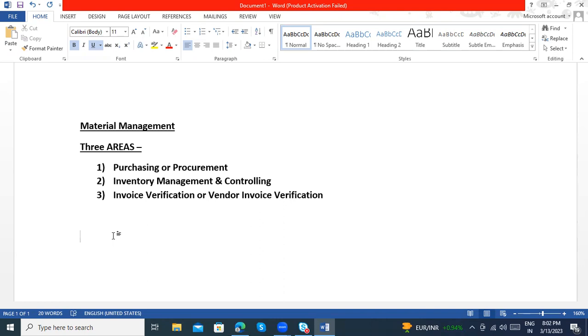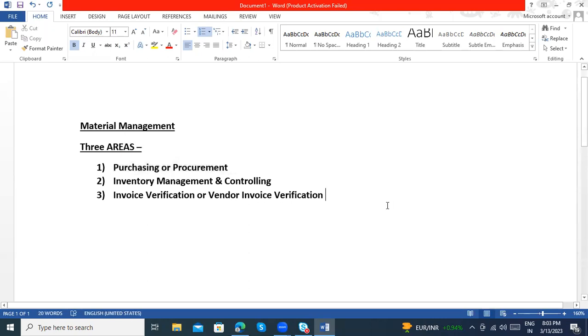We have separate discussions on price negotiations, standard price, and special stock procurements, where we have special procedures related to procurement. So it is not simply creating orders and getting the stock. There are other activities also, which we will be dealing with in purchasing.